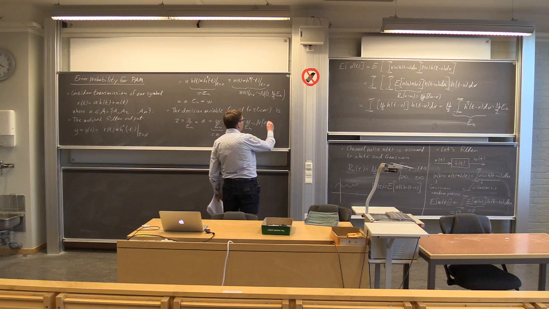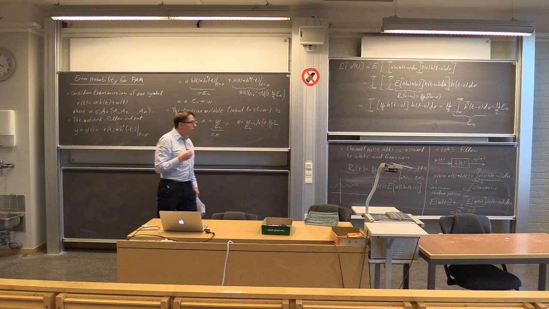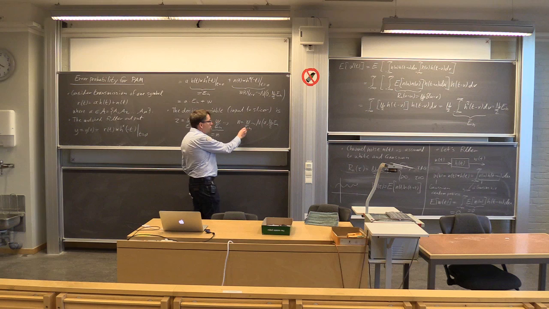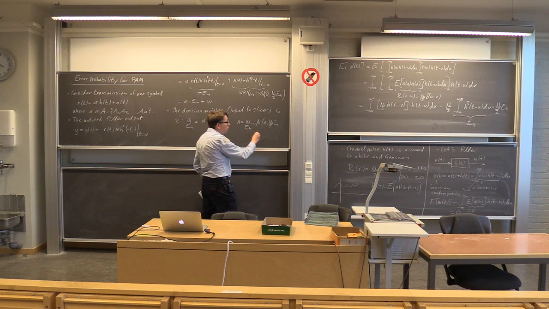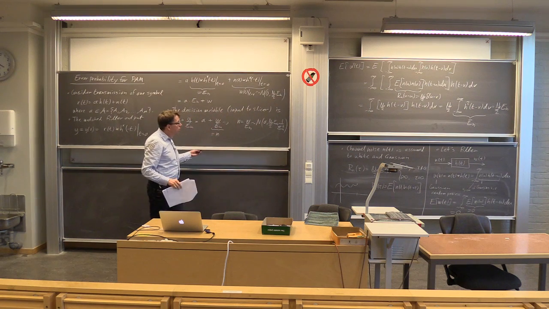So what do we have here? We have N naught over 2 times EH. That's the original variance of W. And then we divide through by EH. That means that the variance should scale with 1 over EH squared. So times 1 over EH squared, like that.